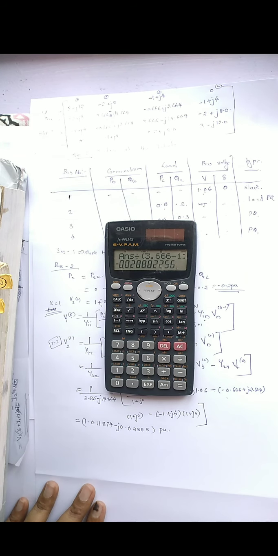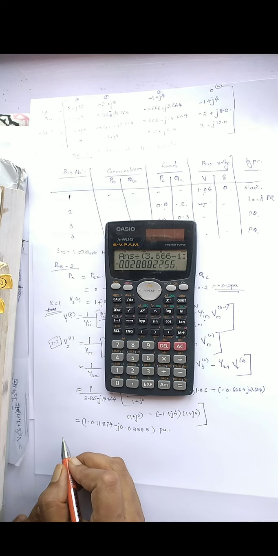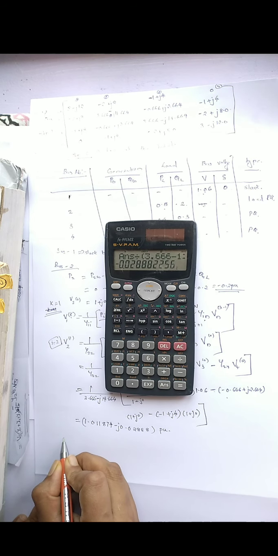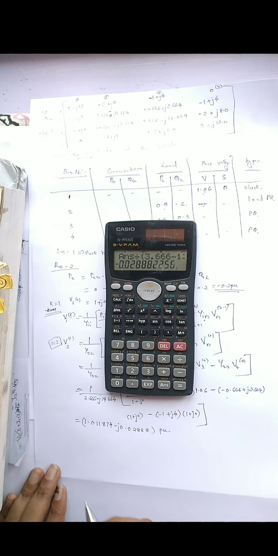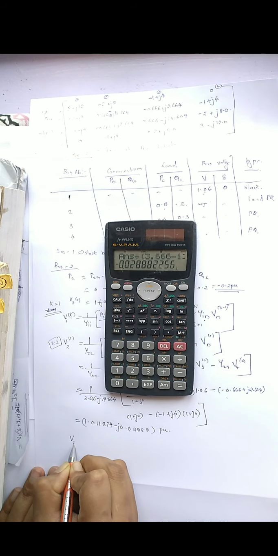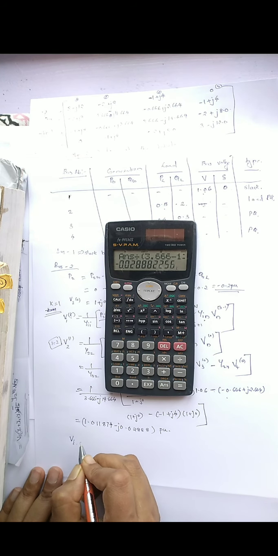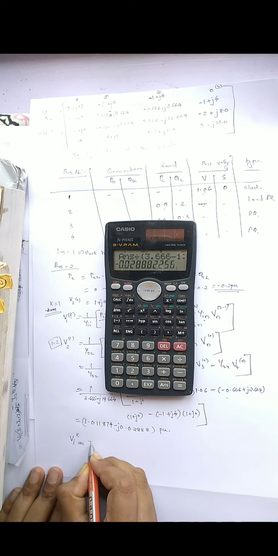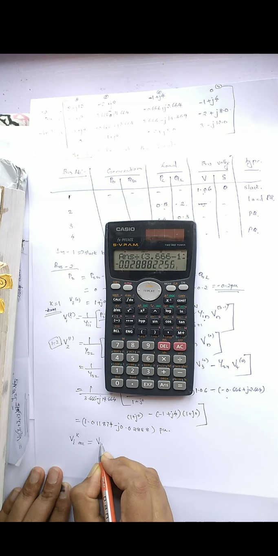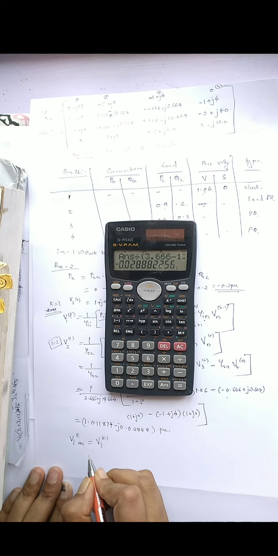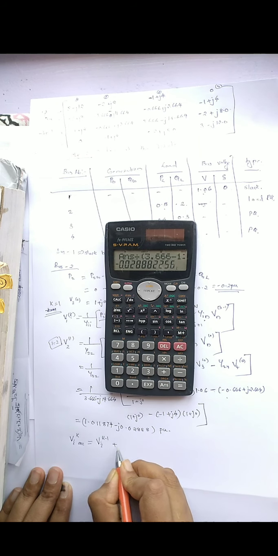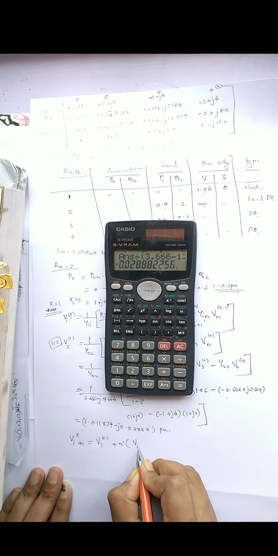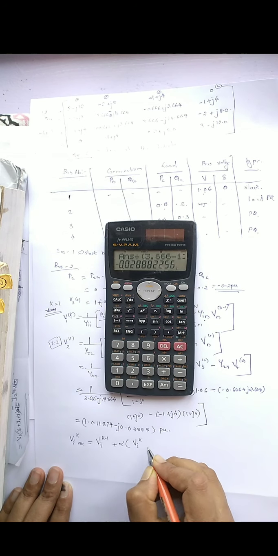So I am writing the accelerated equation as, if I am doing it for ith bus, then for kth iteration the accelerated value will be equal to Vi of k minus 1, that is previous iteration value, plus alpha into Vi of present value I have got, minus our past iteration value.